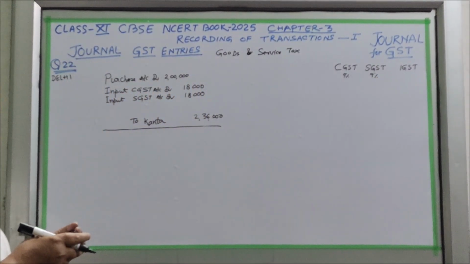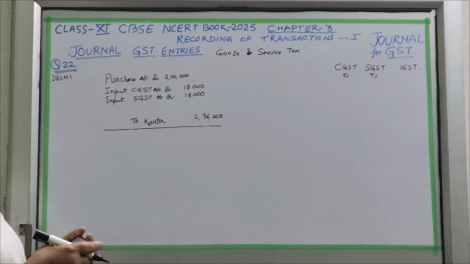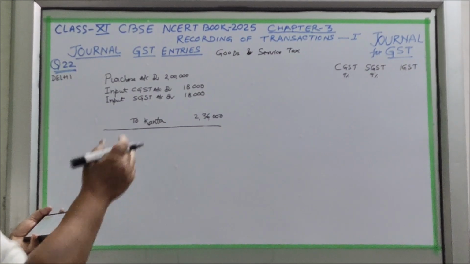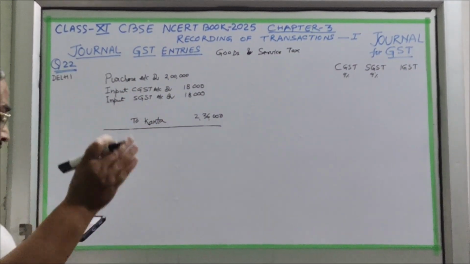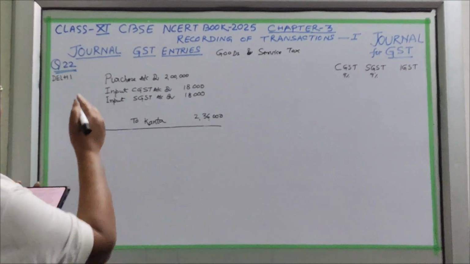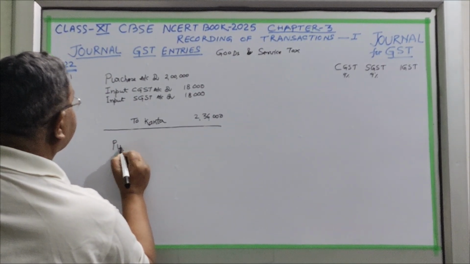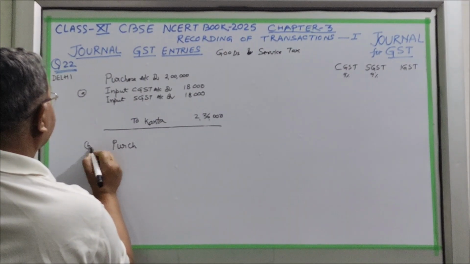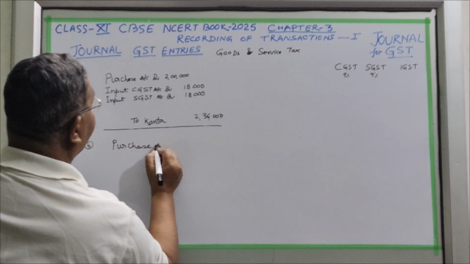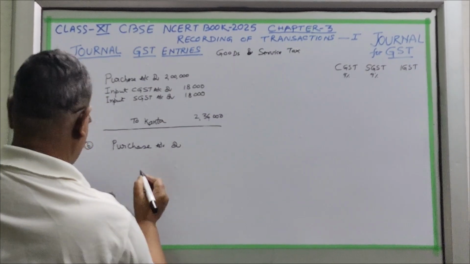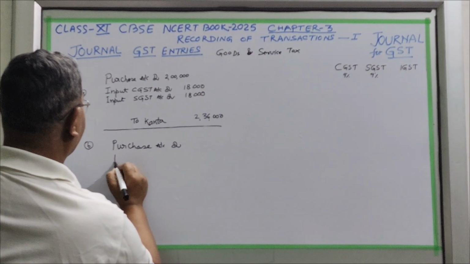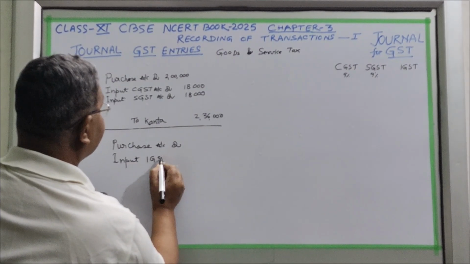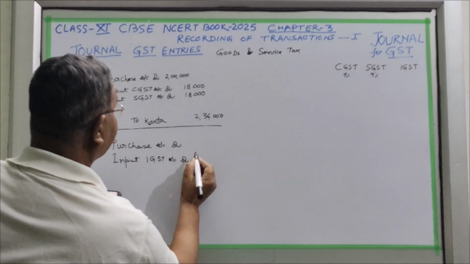Now, bought goods of 1 lakh for cash from Rajasthan. Now, from Rajasthan, it is interstate because he is in Delhi and goods are being purchased from Rajasthan. So again, purchase account debit. This is the A entry, this is the B entry. Purchase account debit and input IGST account debit.